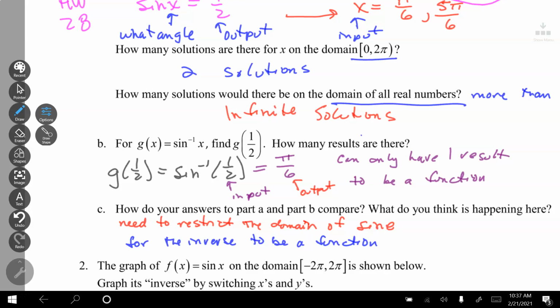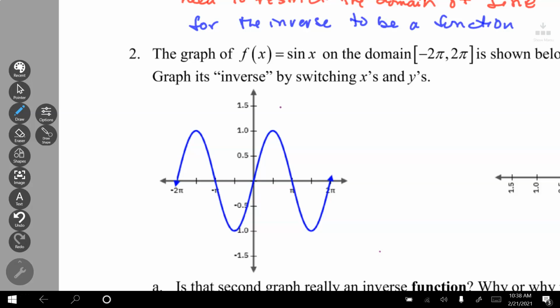Okay, so let's look at things graphically first. Over here, I hope you recognize that we have y equals the sine of x. The domain for this function is all real numbers. It goes on forever, and the range is from -1 to 1 inclusive.